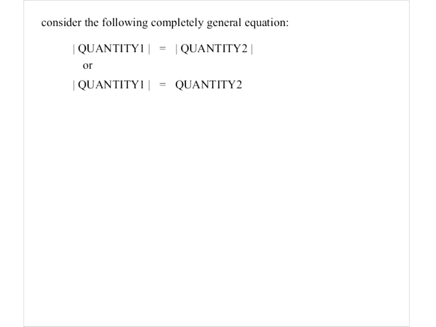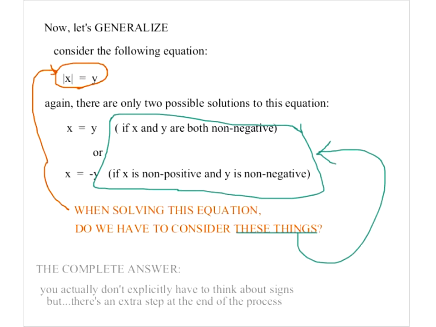Here's a completely general equation. Notice that this equation is essentially the same thing as what we just saw. And this equation is sort of another version of it. So if we revisit that same page, let's go ahead and add that equation into the mix. You could be dealing with the equation that's already up there, or you could be dealing with an equation that's got an absolute value on both sides of it, such as this.